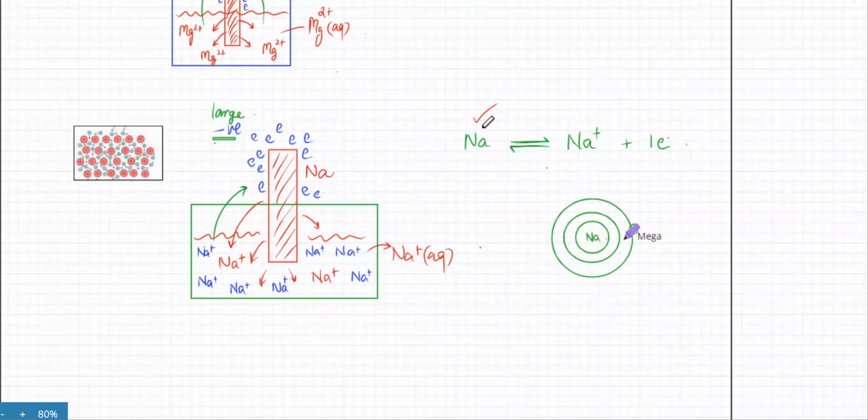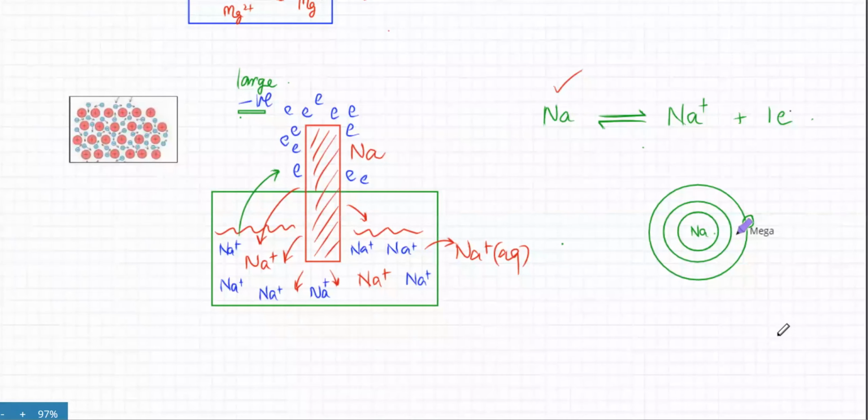Even if there is no non-metal trying to gain that electron, sodium would still be losing this electron, but it would only do that to a very minor extent. Is this clear? Yes, sir.